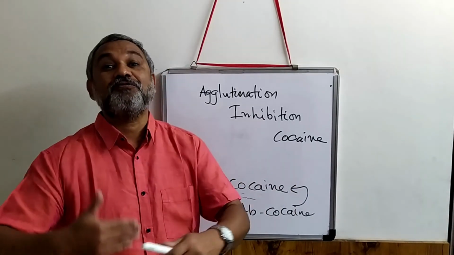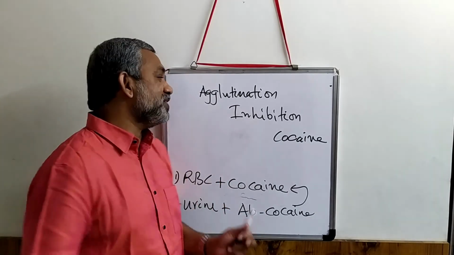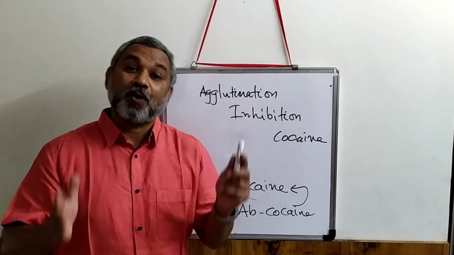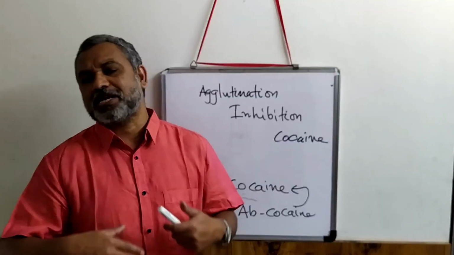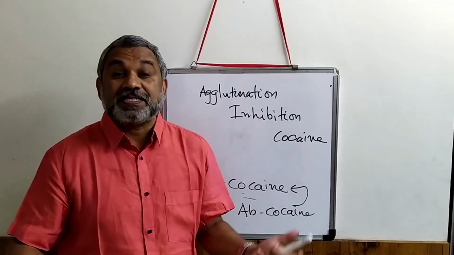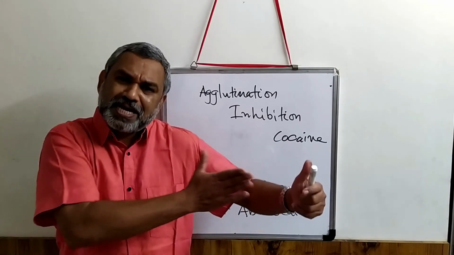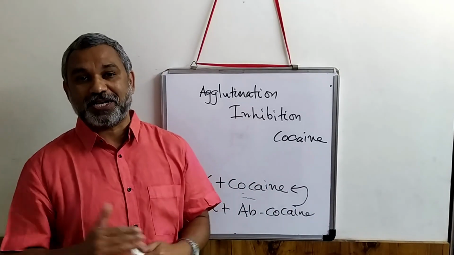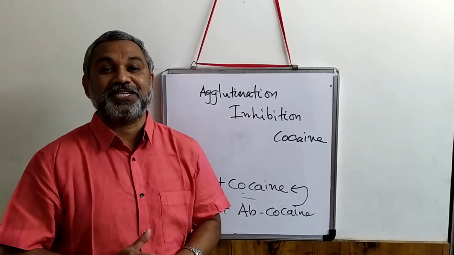So inhibition of agglutination is one of the ways by which the presence or the absence of an antigen can be detected. A similar technique is used for detecting infection of rubella. So it has very many applications in the inhibition of agglutination. This is another aspect of agglutination reaction.